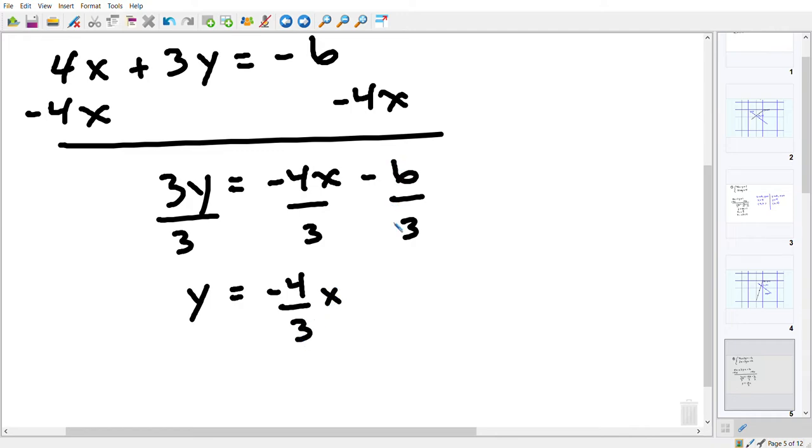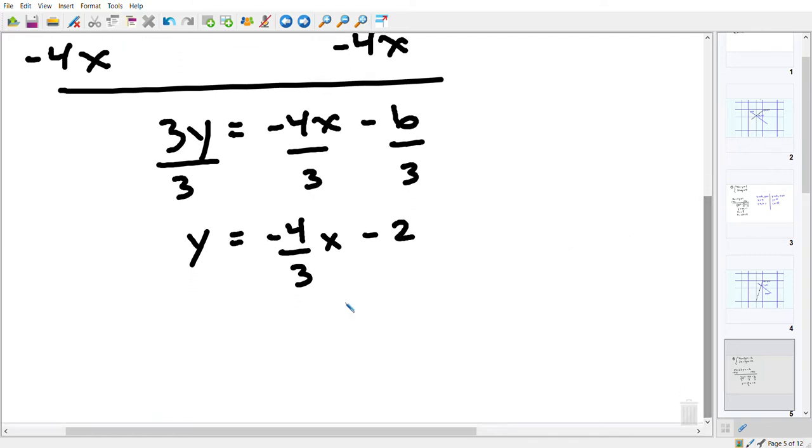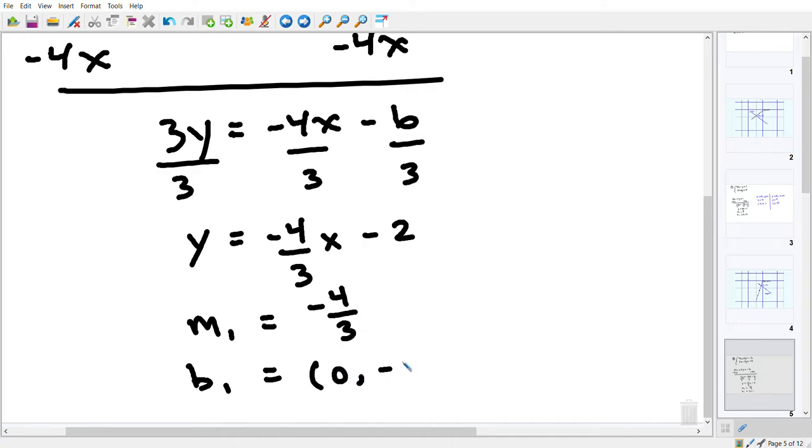The back part, simple division, negative 2. So we're on line 1 with our information. So my slope is negative, so your first line better be going downhill. It's an improper fraction, so it's a little steep. And my y-intercept is a 0, negative 2.